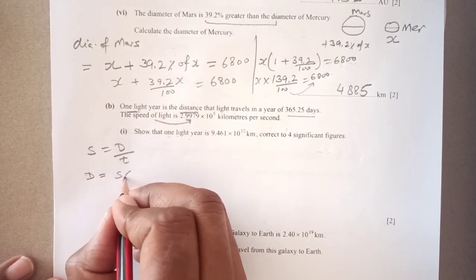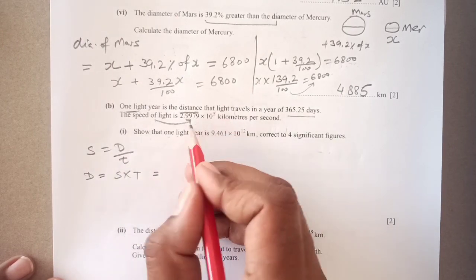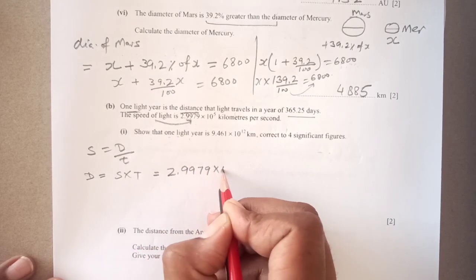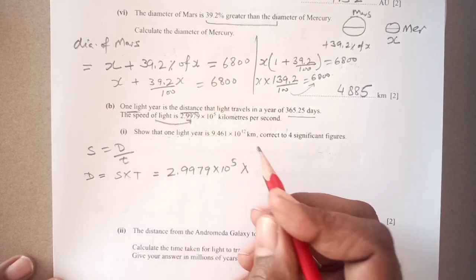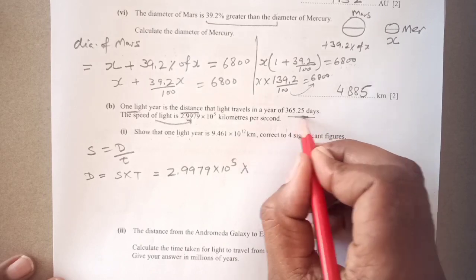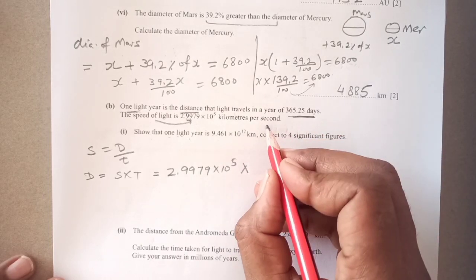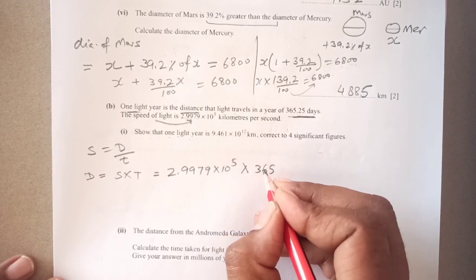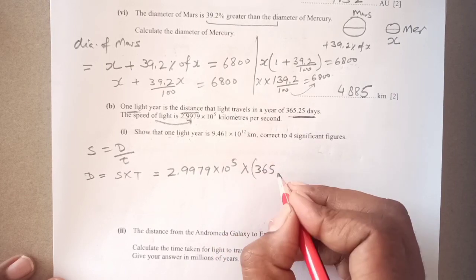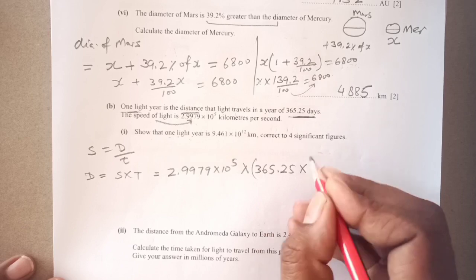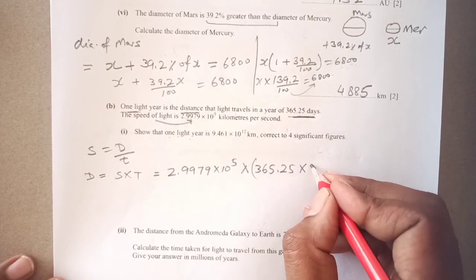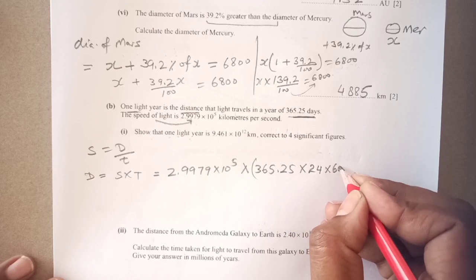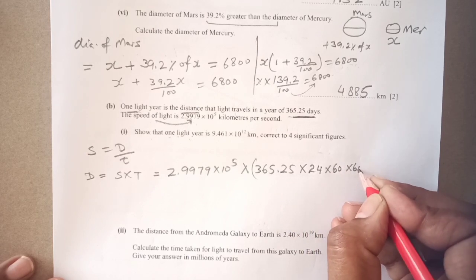So distance is speed times time. Speed is here 2.9979 times 10 raised to power 5. Now the time is this one here, in days, but we need it in seconds. So 365.25 days, from days to 24 hours, hours to minutes which is 60, 60 to then seconds.